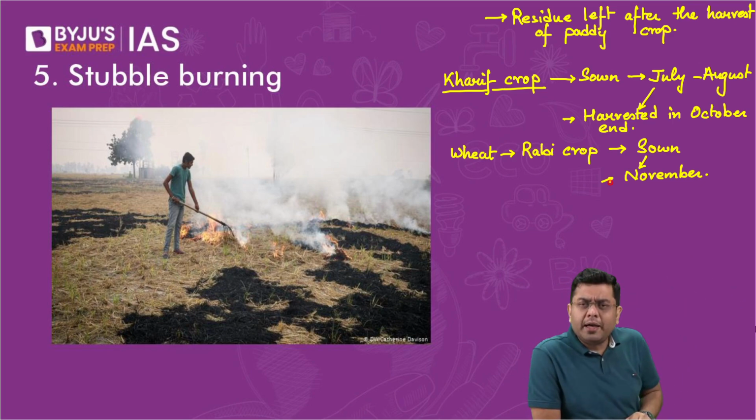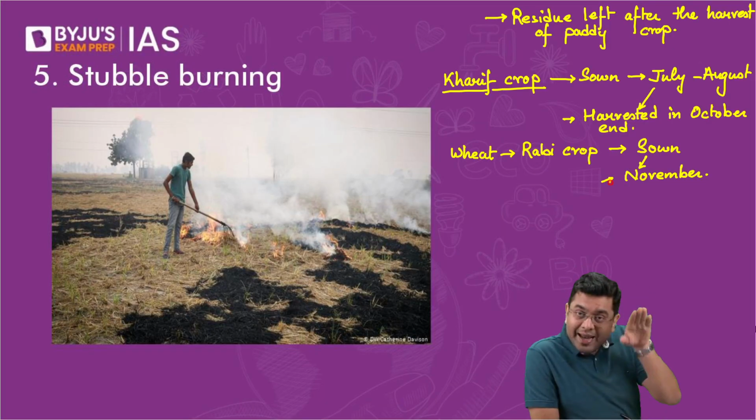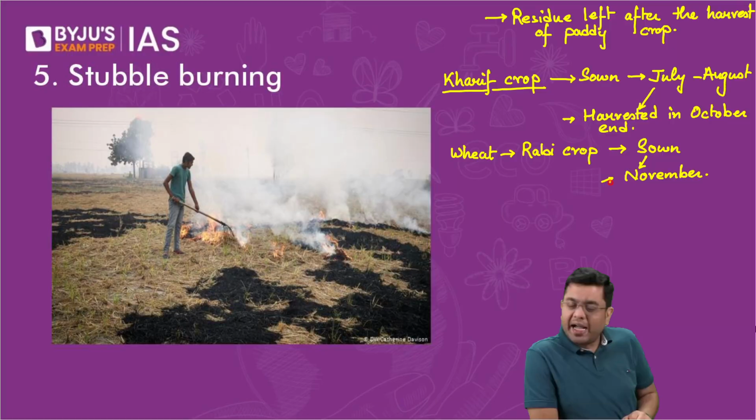But who will take care of that extraction cost, of that transportation cost? Selling that stubble is not that remunerative, right? So that is why changing the crop cycles, putting an end to that groundwater extraction law, and nudging the people to go for sustainable agricultural activity is the only solution.